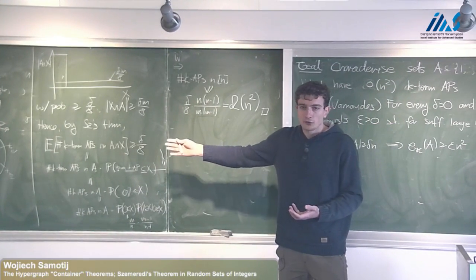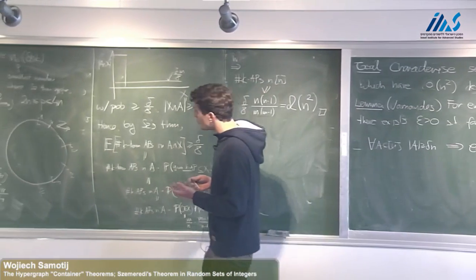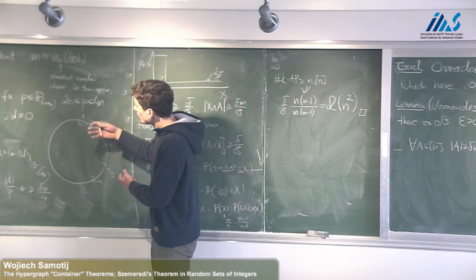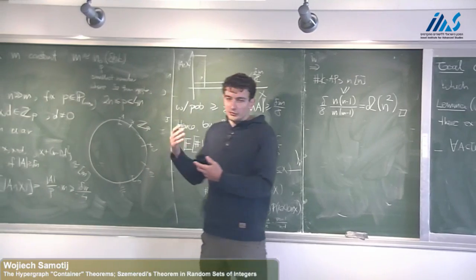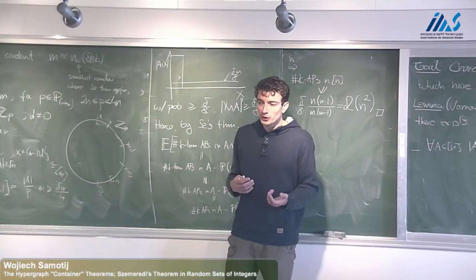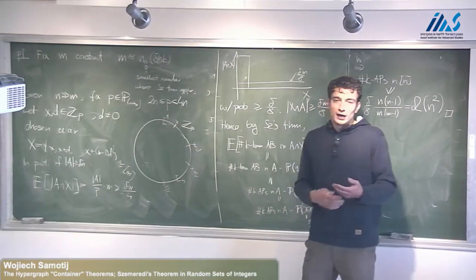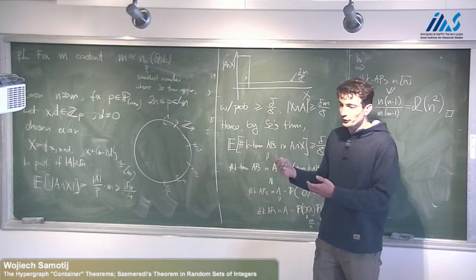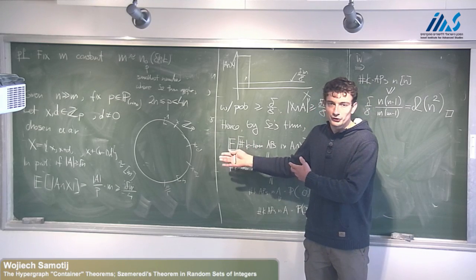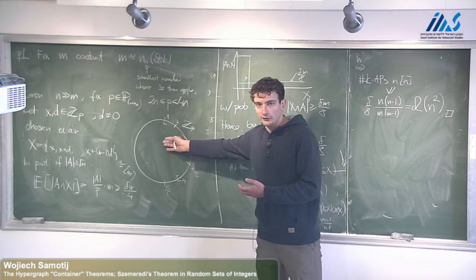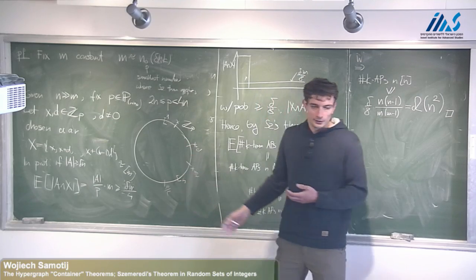And here it's not true. In order to make this averaging work, I need to cover my set with sets which are of the same type and are smaller. And if I try to do it with the interval, I run into all sorts of problems because the elements are not symmetric. That's why I have to move to the circle here.